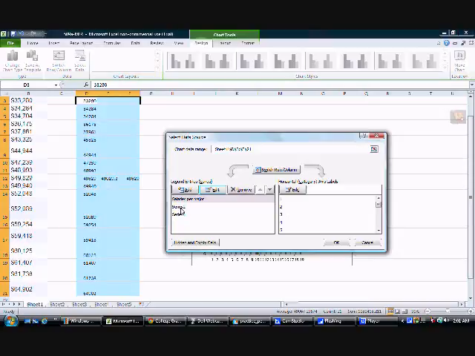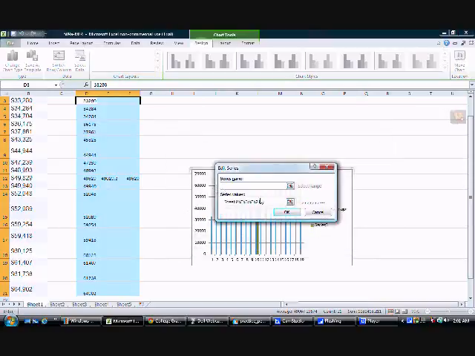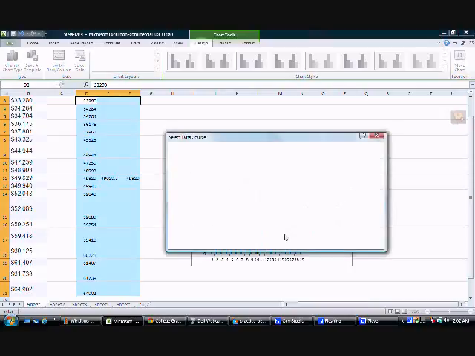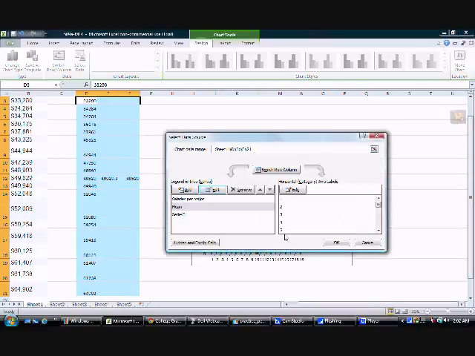And then series 2 is when we had the mean, and our series 3 would be the median.